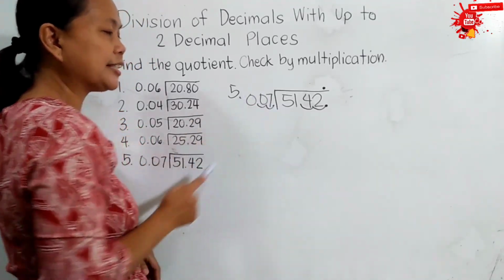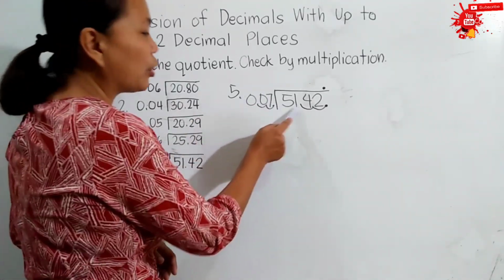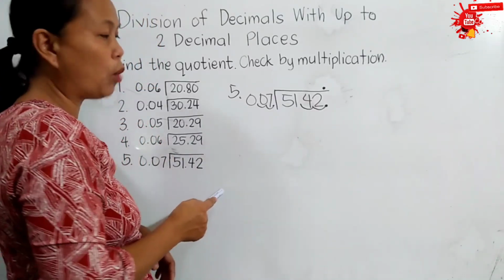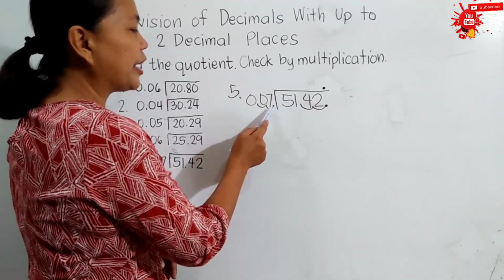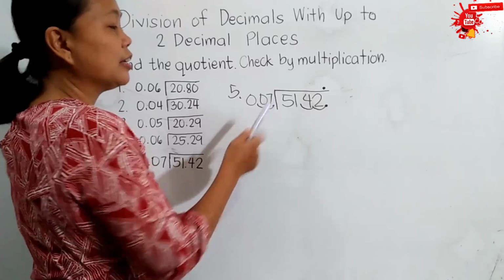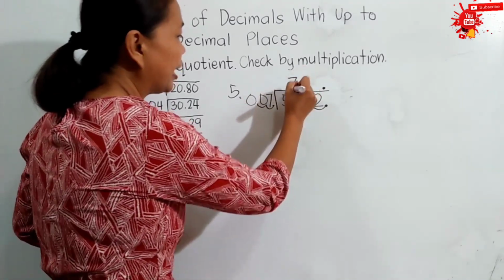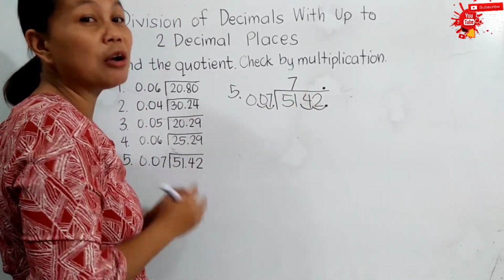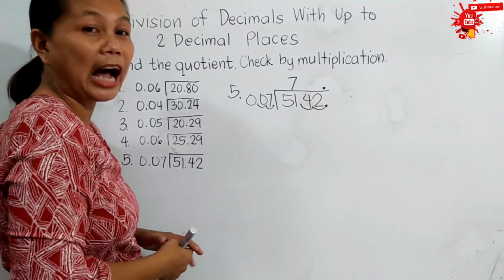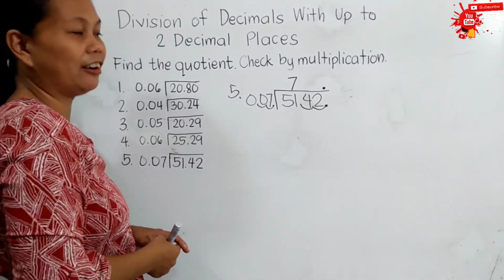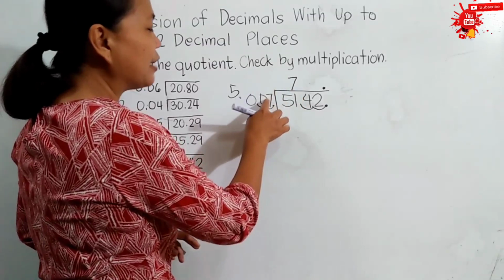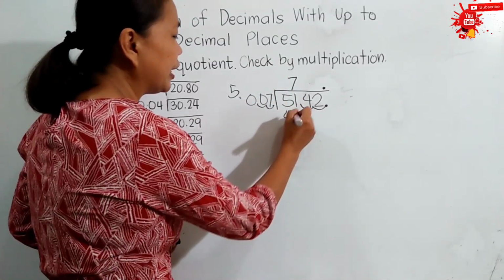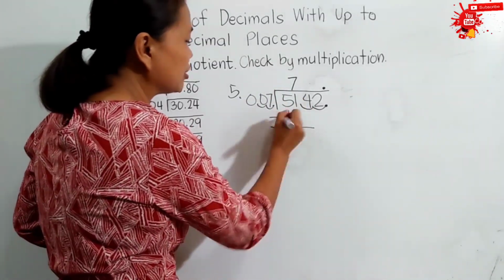So, 5 divided by 7, so hindi pa rin pwede, kaya gagawin nating 51. So, 51 divided by 7. So, we have 7. So, dapat ay sa ulo ang multiplication para mabilis ang pag-divide. Okay? So, 7 times 7, 49. Tapos, mag-minus lang tayo.